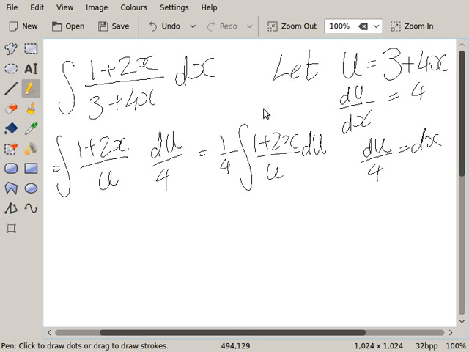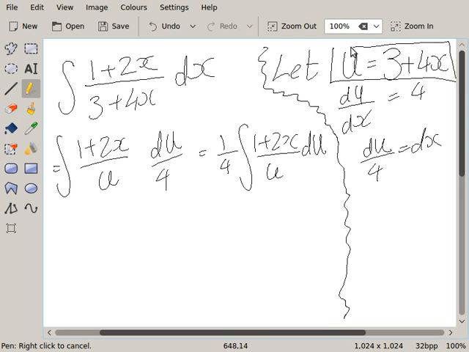Now I think this is where people start to hit a problem. You have x and u mixed together. Did anyone figure out what to do next? I'll give you a little hint. We get the value of x in terms of u.